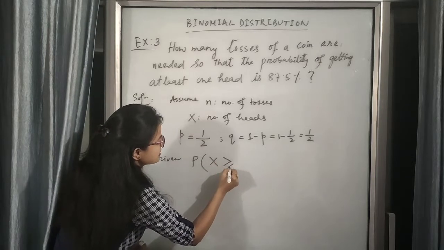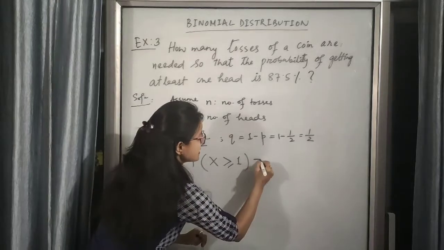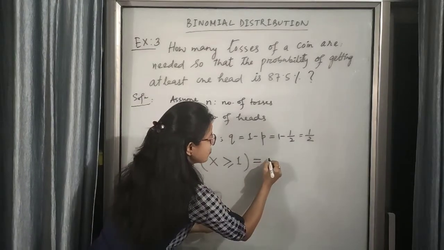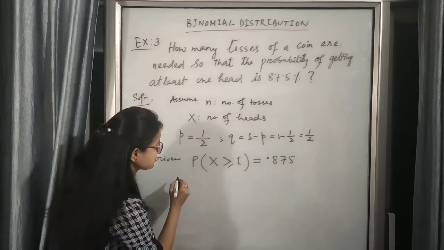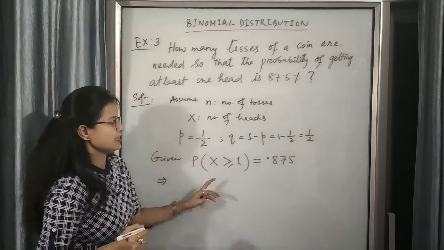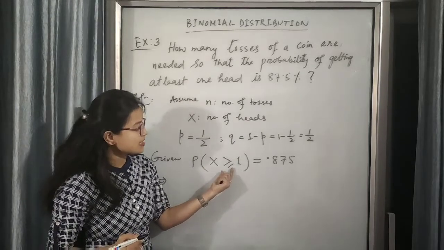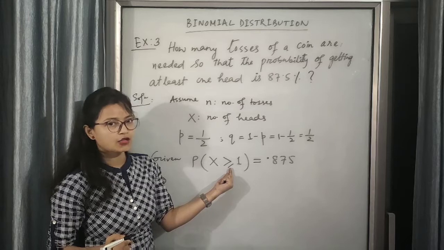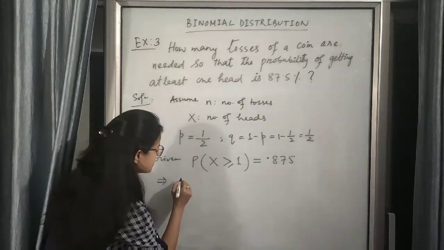Probability of getting at least one head: P(x ≥ 1) = 87.5%, that means 0.875. Now to simplify this and evaluate n, with x ≥ 1 we cannot apply the binomial distribution formula directly. We have to convert to equality.